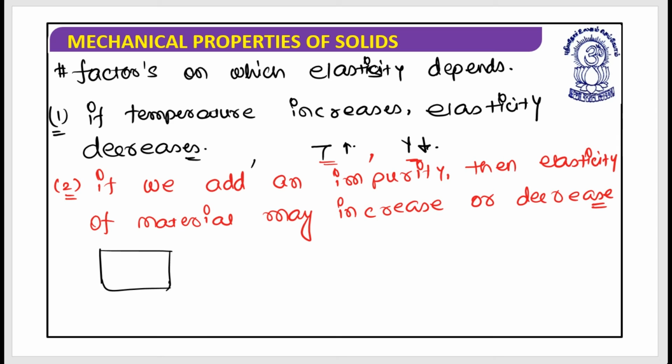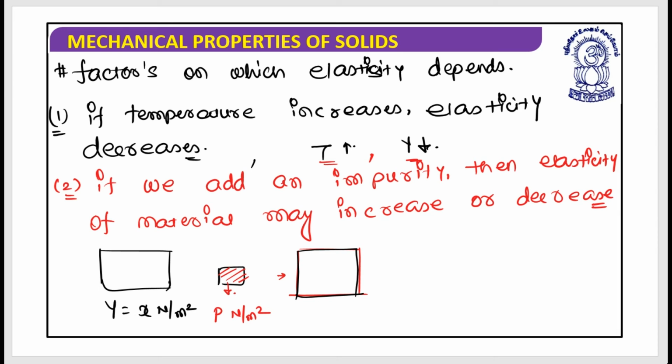Let's suppose this material has elasticity Y as x Newton per meter square, and I'm going to add this block as an impurity, having p Newton per meter square. After this is added, this block has x plus p.